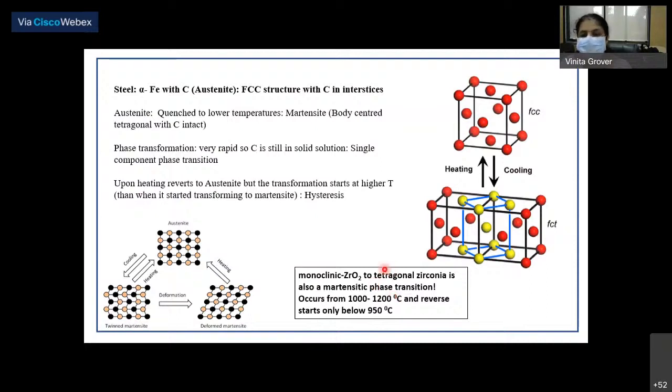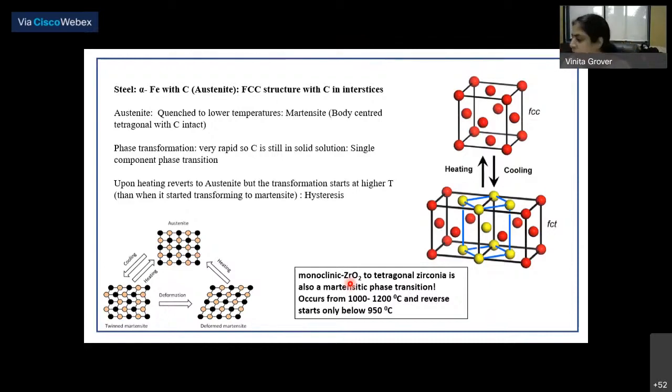I don't work on steel. I work on oxides and I worked a lot on zirconia. So for me, this is an important phase transformation. I told you that zirconia occurs in monoclinic form, and then you can substitute and make it cubic.